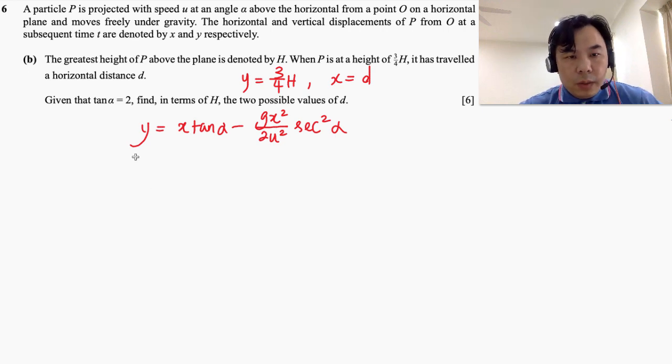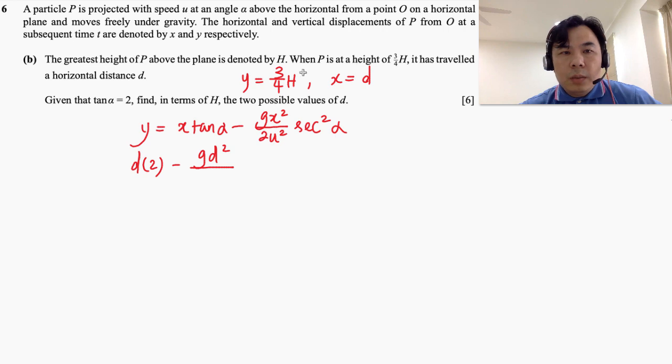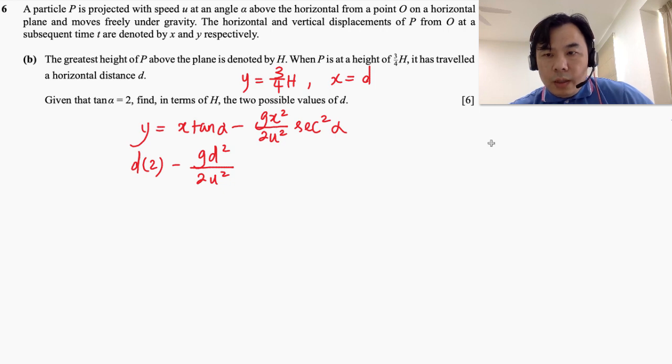Okay, so from here, let us substitute in. We have d, tangent alpha is 2, g, x is d square, in terms of h, secant square. Secant square is 1 plus tangent square. So we can use that identity, one of the trigonometry identities.